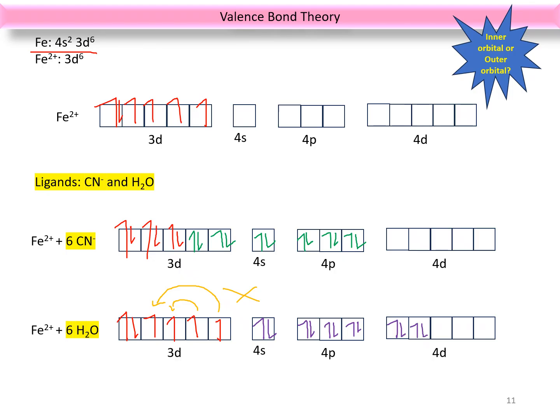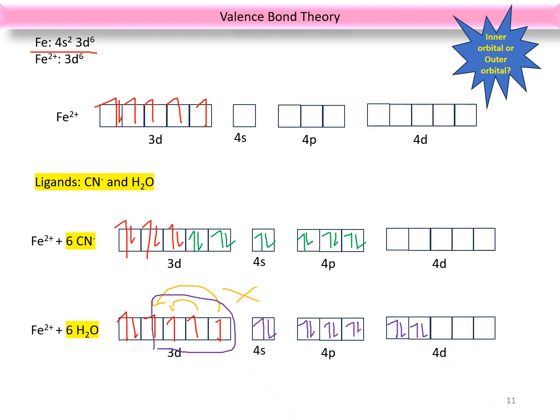Do you see any unpaired electrons in this hybridization scheme? Yes, there are 4 from here. So it makes this complex paramagnetic because there is a presence of unpaired electrons.